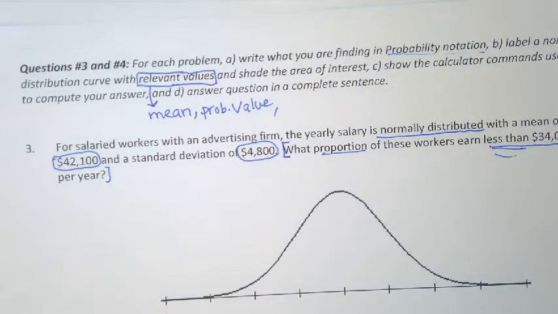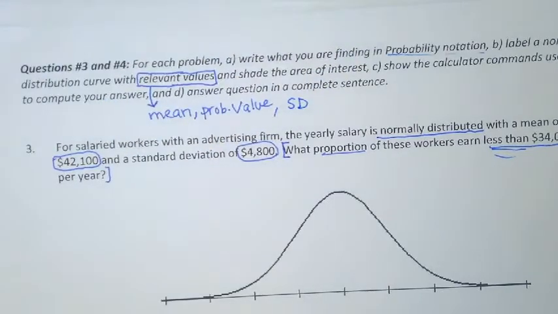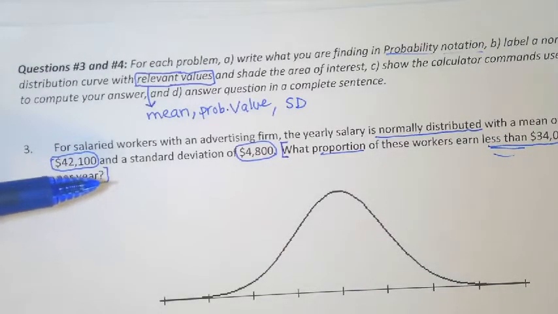And the last minimum is to either label at least one standard deviation, or write right above the curve what the standard deviation is. In this problem, the standard deviation was $4,800.